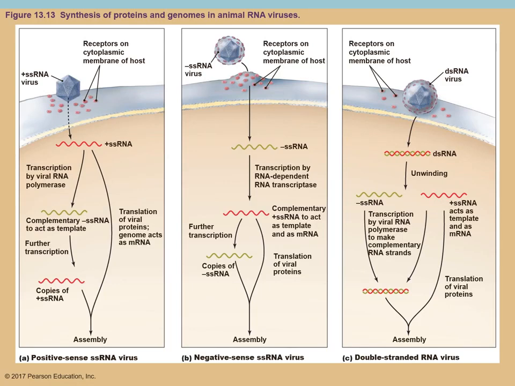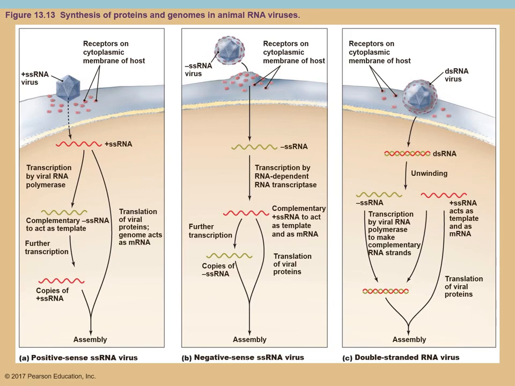It's kind of a similar type thing with a negative sense, in that you're going to use that initial original negative single-stranded RNA. Remember, you cannot use this for translation. It won't make any sense. And so you can use it as a template to make a positive strand. You can only carry out translation from a positive single-stranded RNA.